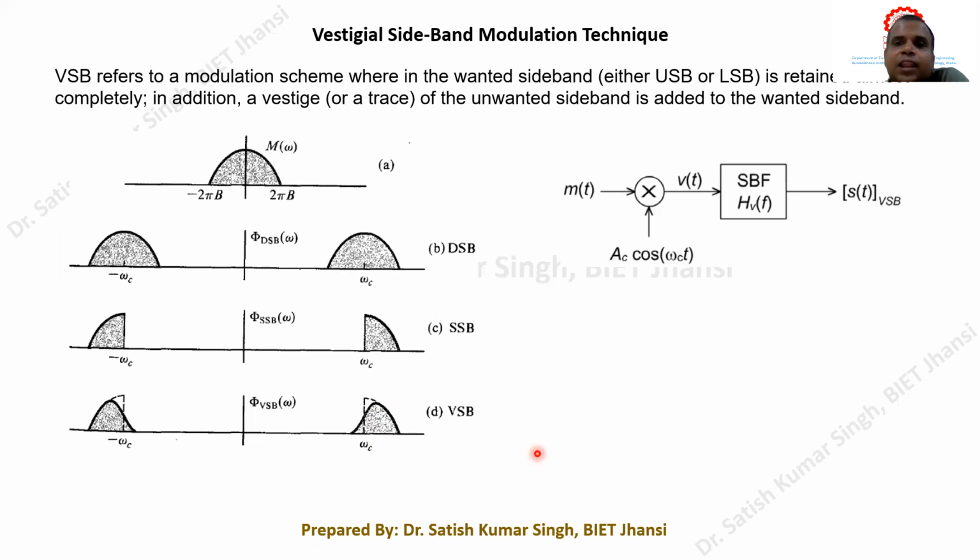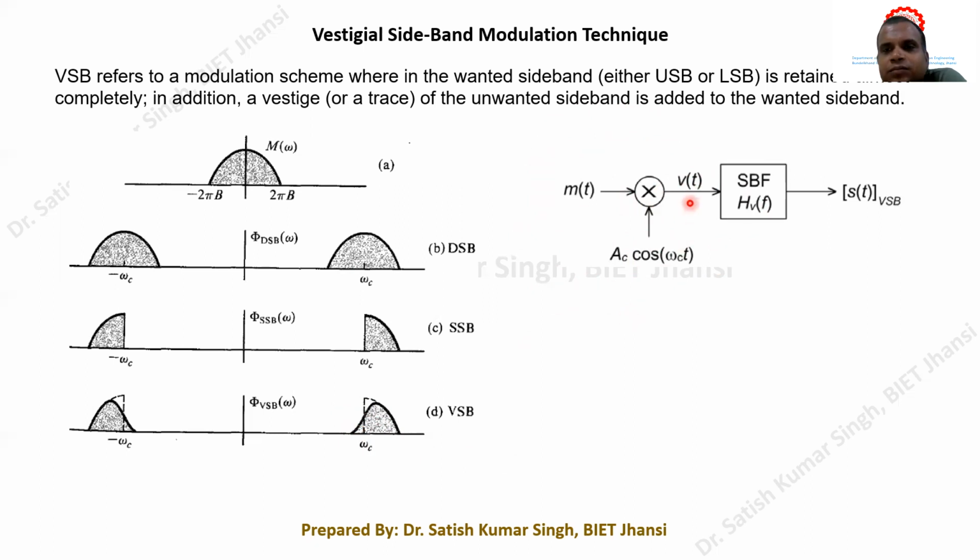So how to generate this type of VSBSC signal, and what the implications are, is what we have to look at. Same as in the SSBSC case, we take a product modulator, take the message signal, and multiply it with the carrier.